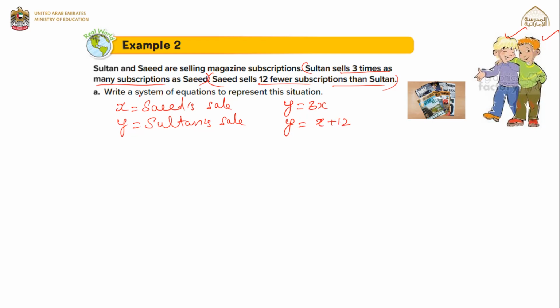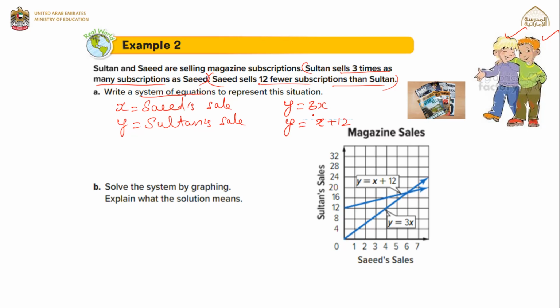Okay, so you have written the system of equations. You are asked to solve the system of equations by graphing. You know that you're going to use the slope-intercept form for both equations and plot the graph. So you'll be getting a solution at 6, 18.